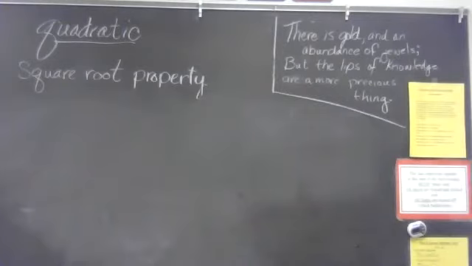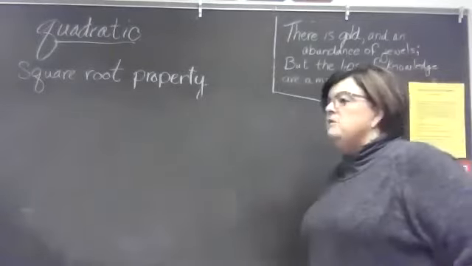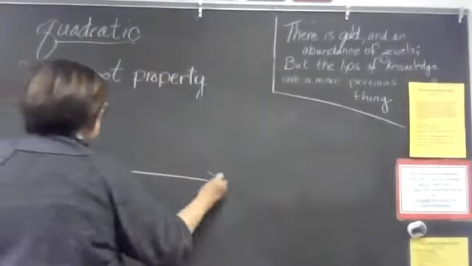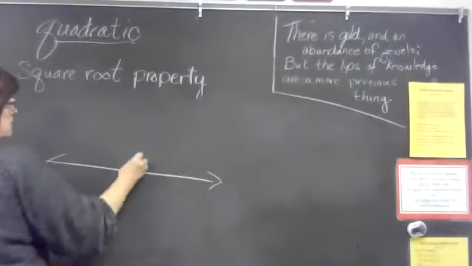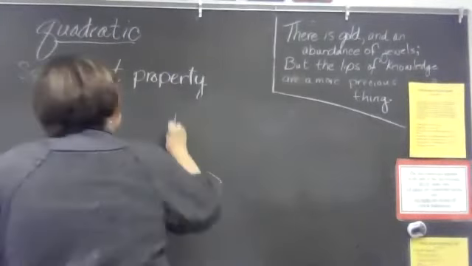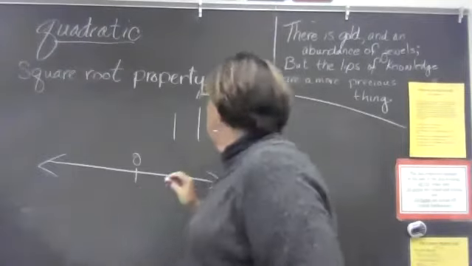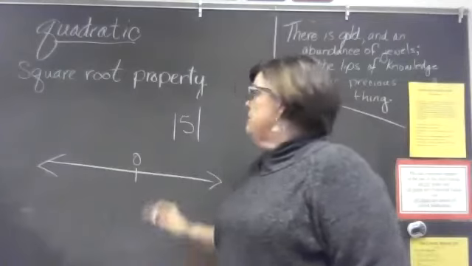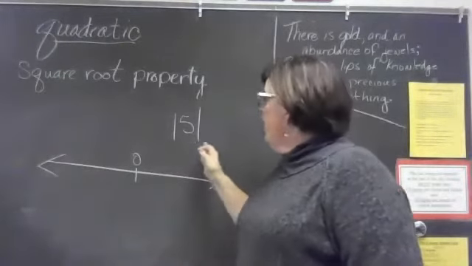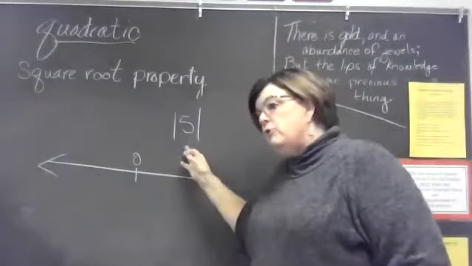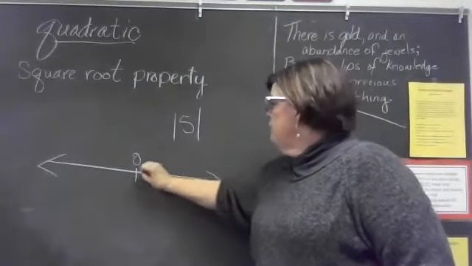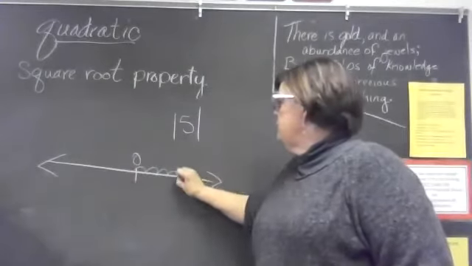Now, absolute value simply means, if we have the absolute value of, let's say, 5, this indicates how far from 0 it is on the number line. So 5 is 1, 2, 3, 4, 5.